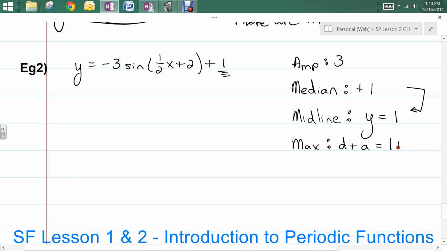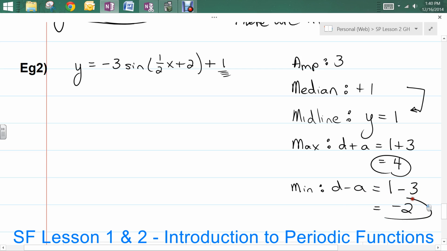The d value is 1, the a value, or the amplitude, is 3, so the maximum is 4. The minimum is the d minus the a value. D is 1, amplitude is 3, 1 minus 3, -2. That's the minimum value.